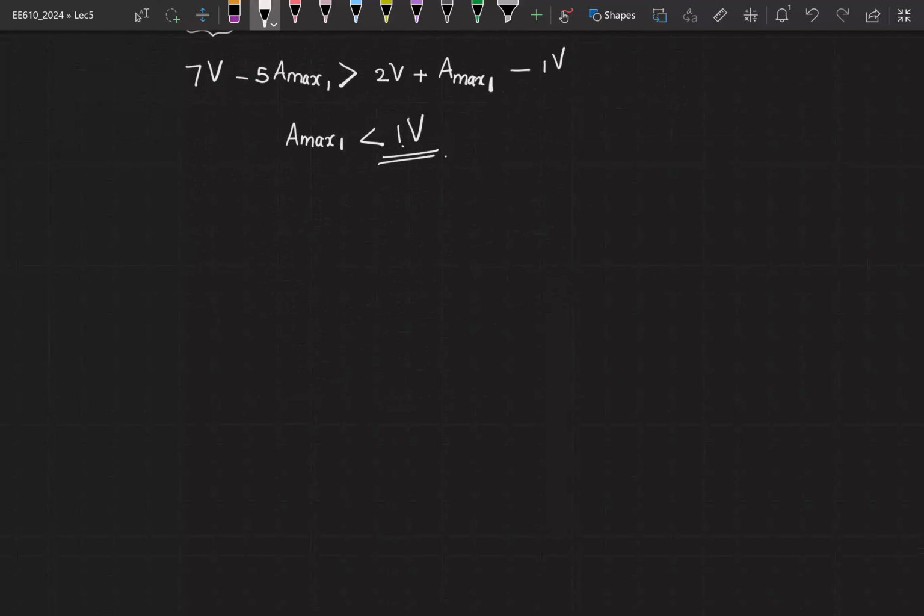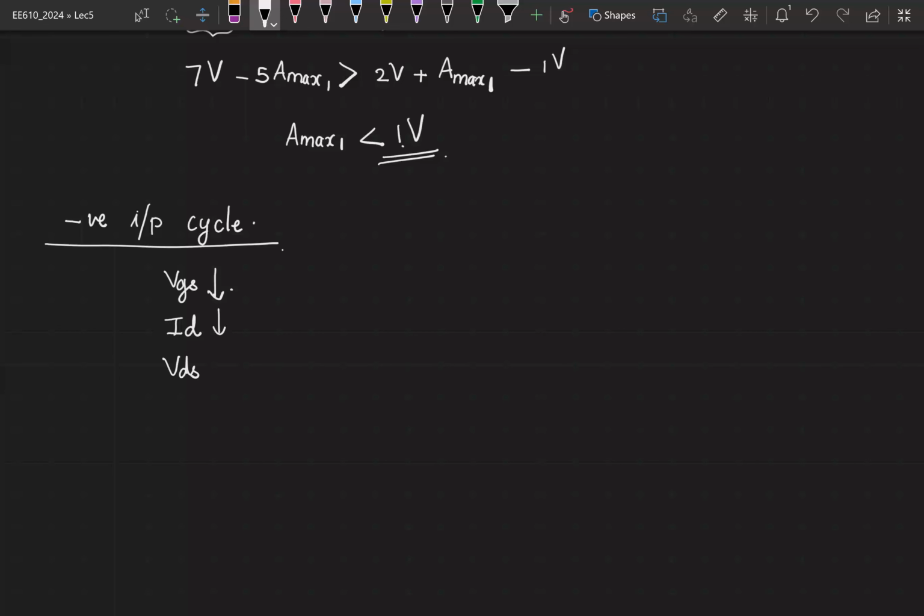So now we look at the negative input cycle. Right. So during the negative input cycle, your total VGS is decreasing. Your total ID is decreasing. Your total VDS is increasing.